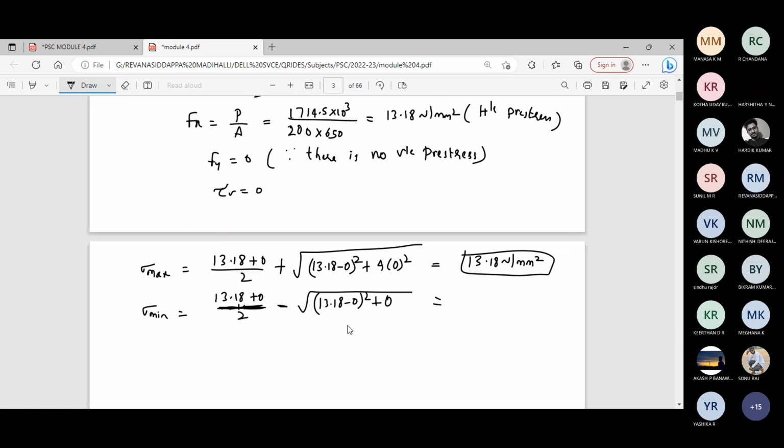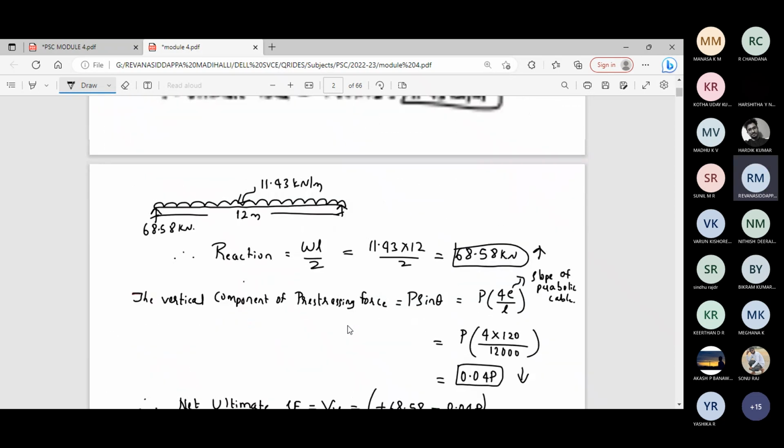If you calculate, you will get 0 only. So this problem is over.